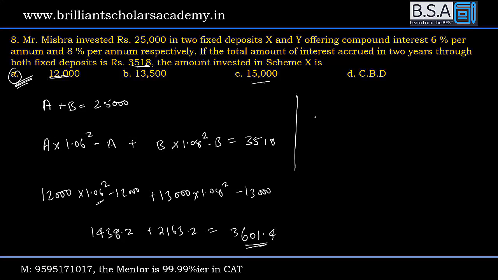Let me check 15,000. 15,000 into 1.06 square minus 15,000 is the interest. That is 1854 rupees. 10,000 into this.